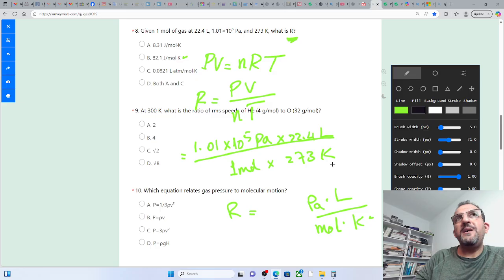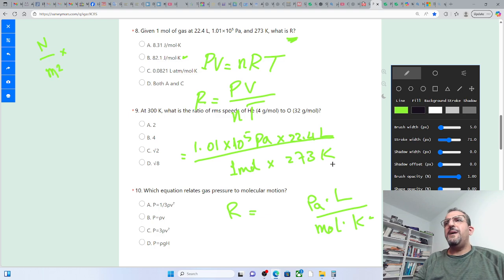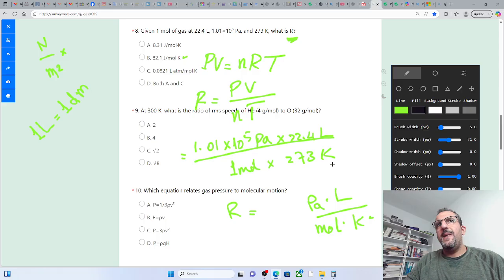So maybe I need to do some work here. Pascal actually is Newton over meter squared times liter. So let's look at the liter. I know that 1 liter is equal to 1 decimeter cubed, that's right.